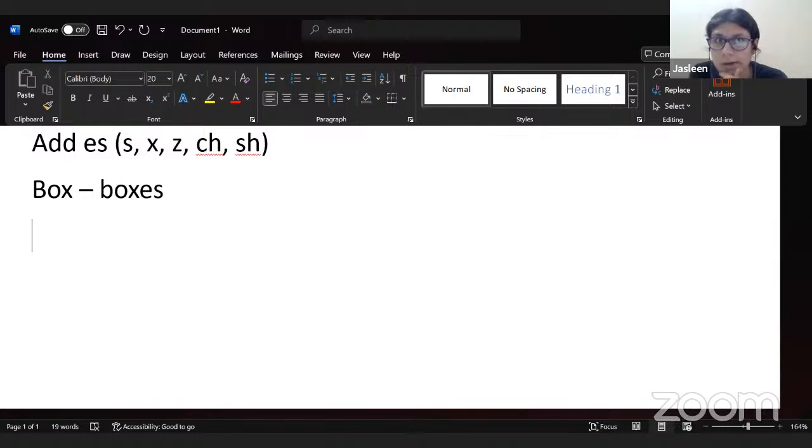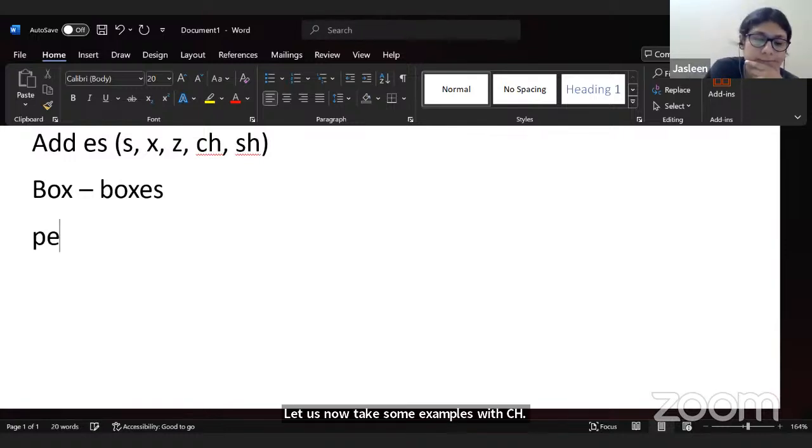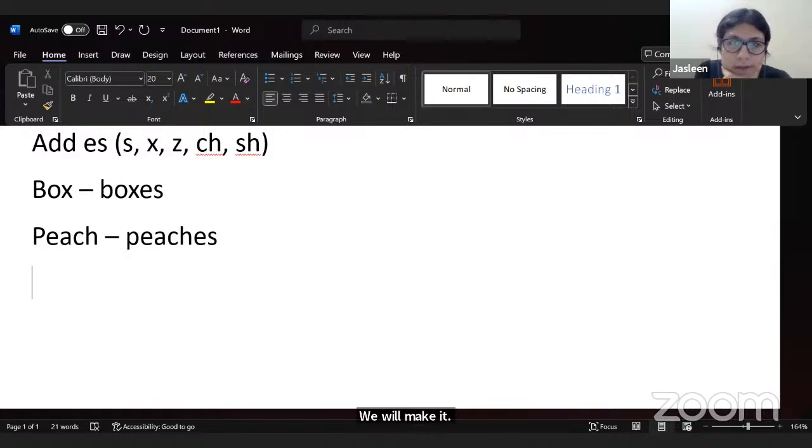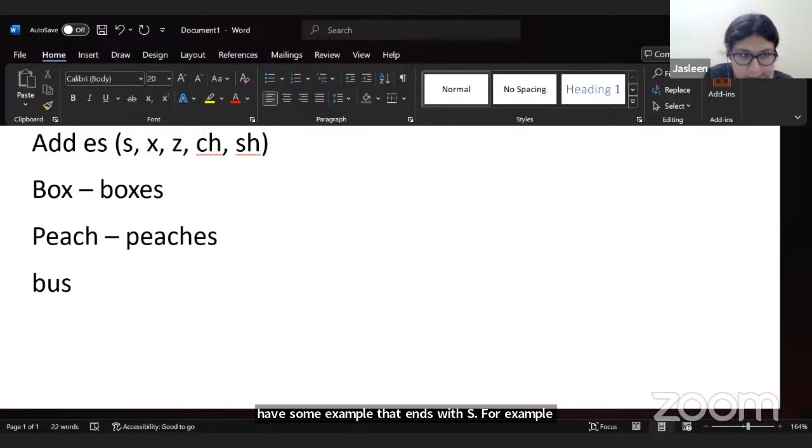Let us now take some examples with CH. If we have the word peach, we will make it peaches. Then let us have an example that ends with S. For example, bus.